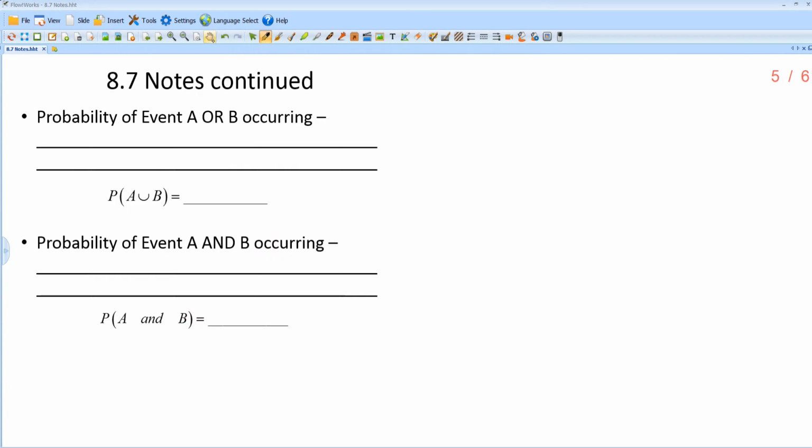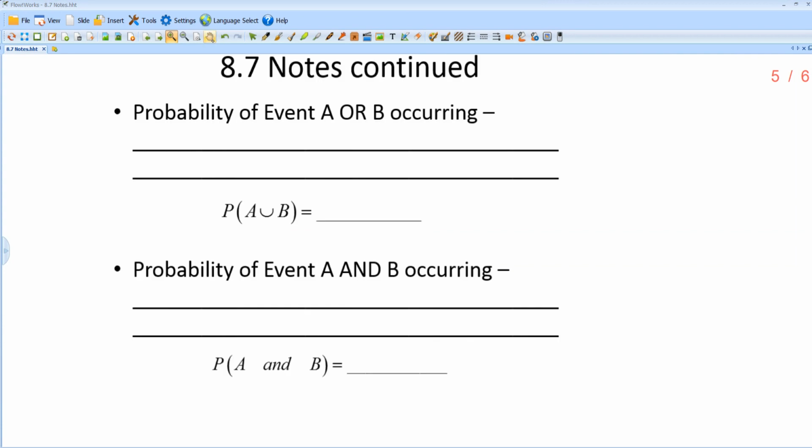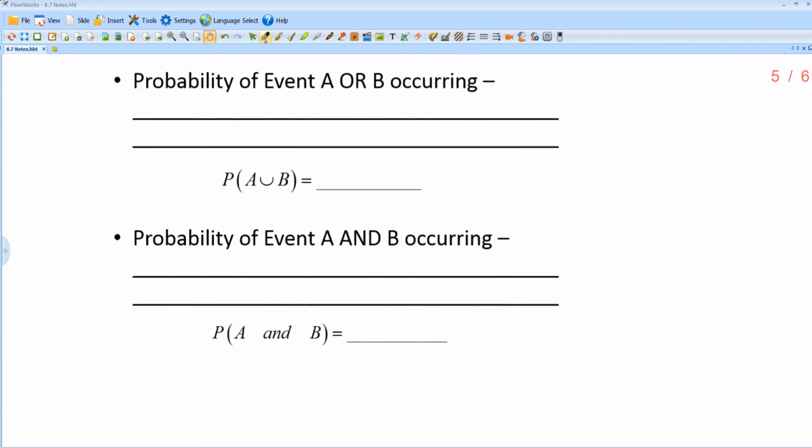All right, some more longer definitions. The probability of event A or B happening. So if I'm asking, hey, what's the probability that this or this happens?